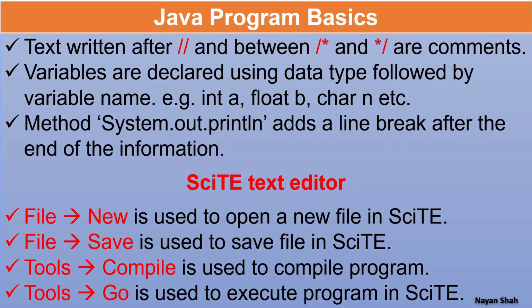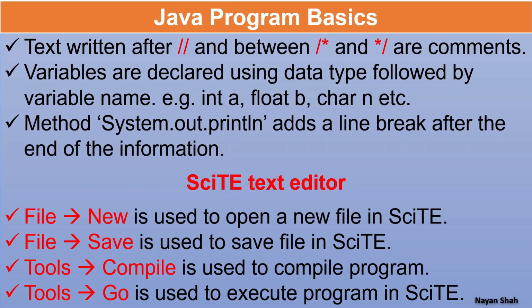Whatever information is written within the brackets will be printed and then there will be a line break. It is as good as pressing the enter key. So if you write print, there won't be any enter key pressed after printing, and if you write println, whatever you are supposed to print will be printed and there will be a line break.